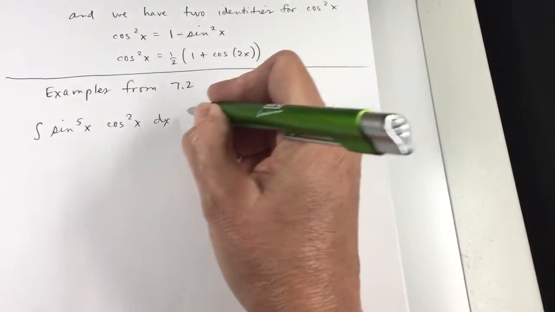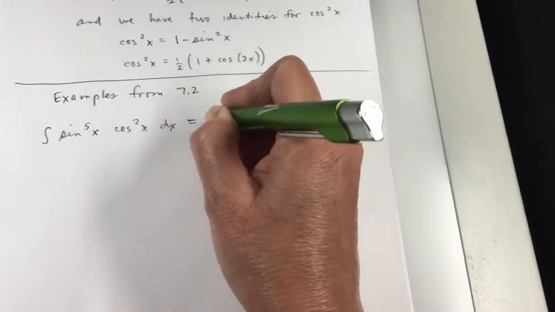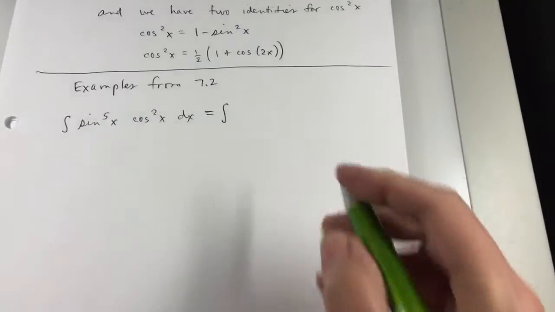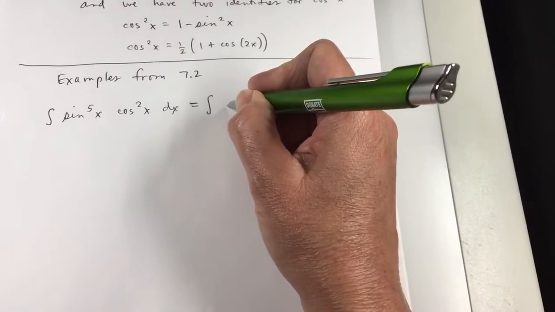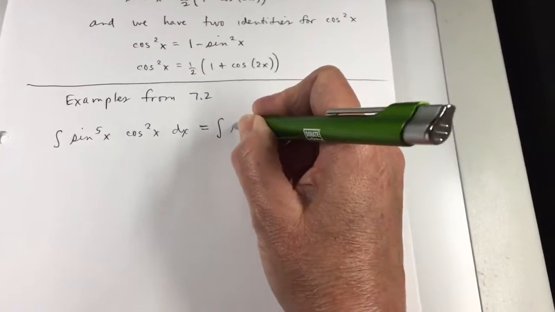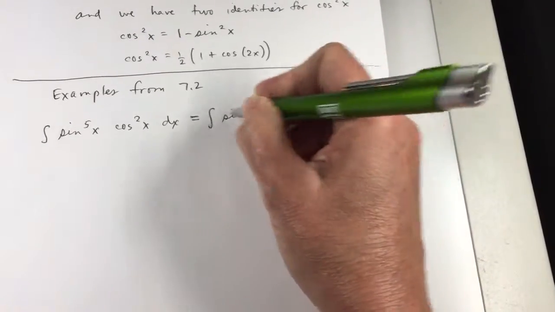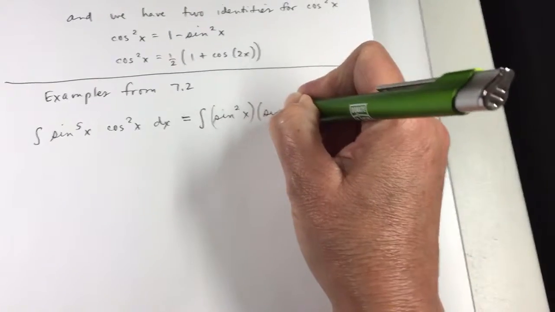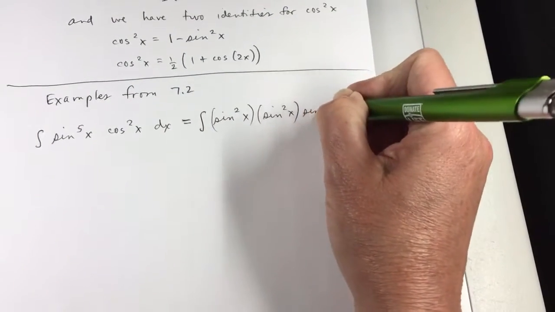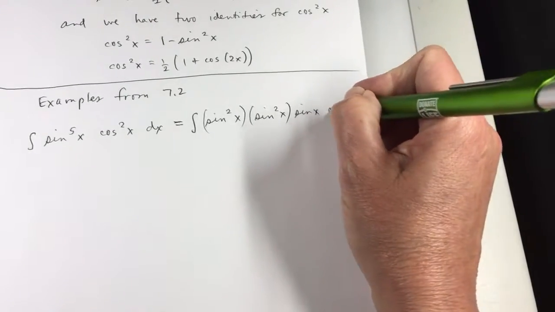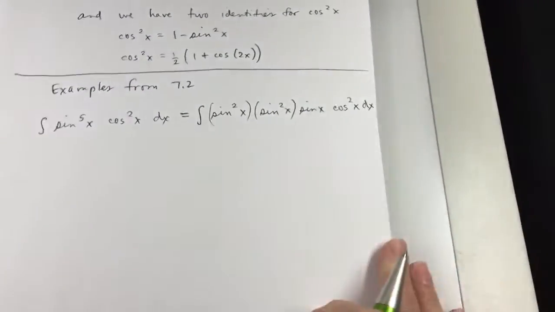For this problem, I'm going to rewrite this as the integral of sine to the 5th x. Isn't that the same as sine squared x times sine squared x times sine x? And then I got cosine squared x dx.